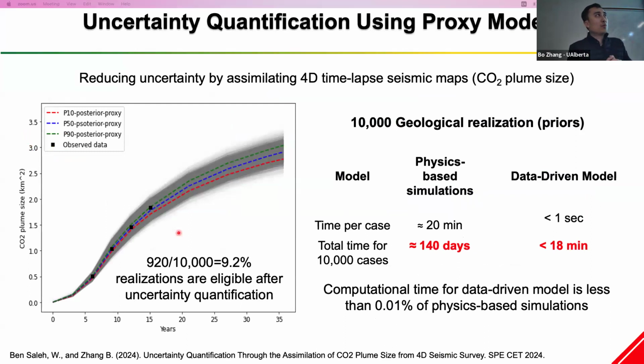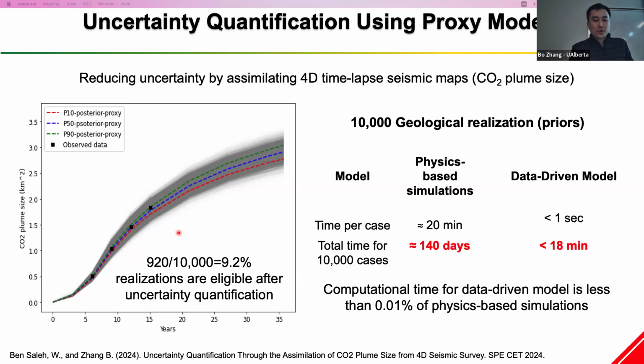I think he generated a model based on 1,000 realizations. And then the proxy model would work as we showed before. And then he generated another 10,000 geological realizations to serve as a prior. And we didn't directly run those 10,000 realizations because we know each simulation will actually take 20 minutes, even when we use isothermal conditions.